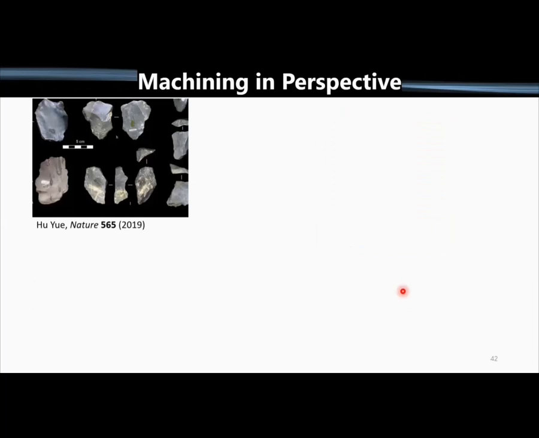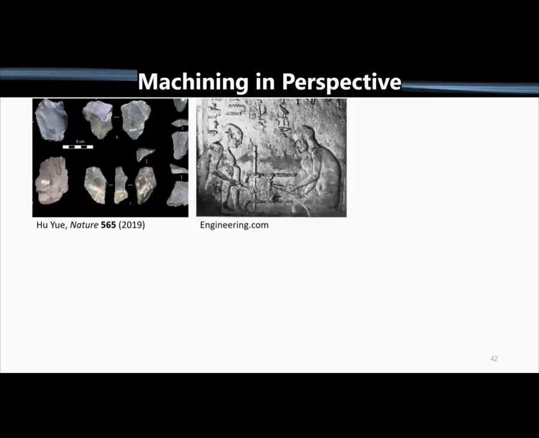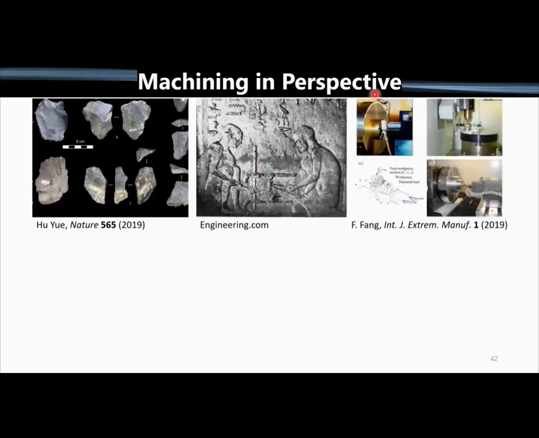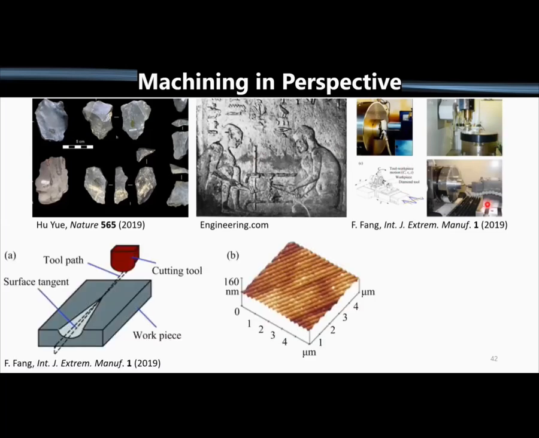And just to put all of this in perspective, humans have for a long time been interested in tools and mechanical carving. You can see this early lathe from Egypt up to more modern machining tools. And in these machining tools, they're often using a diamond cutting tool to cut the workpiece or the sample, and even using AFM to look at the quality of the cuts made with the diamond cutting tool.